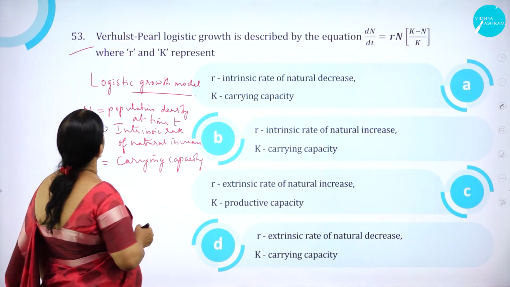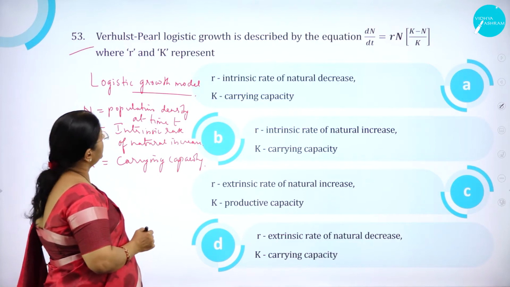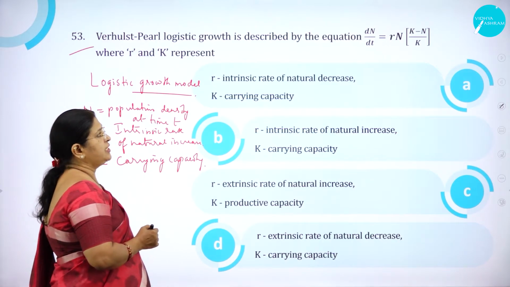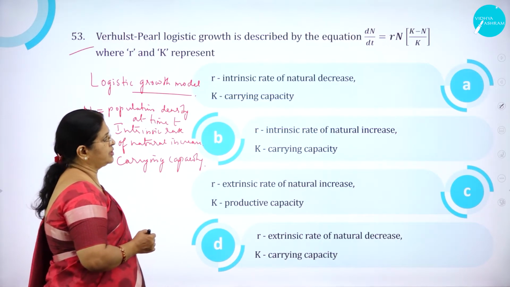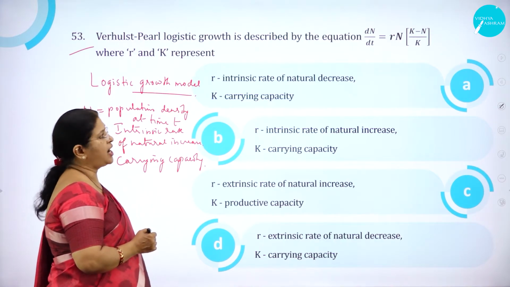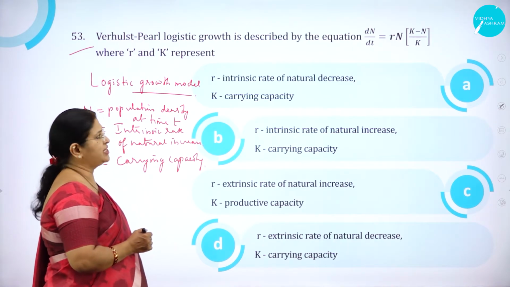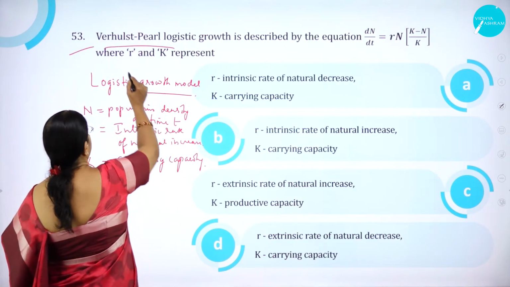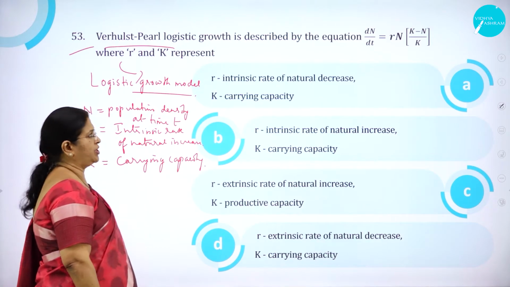Verhulst-Pearl logistic growth is described by the equation dN/dt = rN(K - N)/K. This Verhulst-Pearl logistic is also called the logistic growth model.